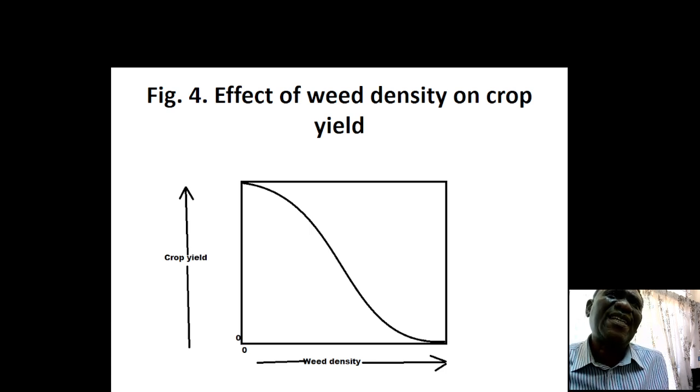It produces a sort of an S-shaped graph. Of course, it's slanting, but it looks like a tilted S. This is the sigmoid curve, and it was proposed by a scientist known as Zimdar.